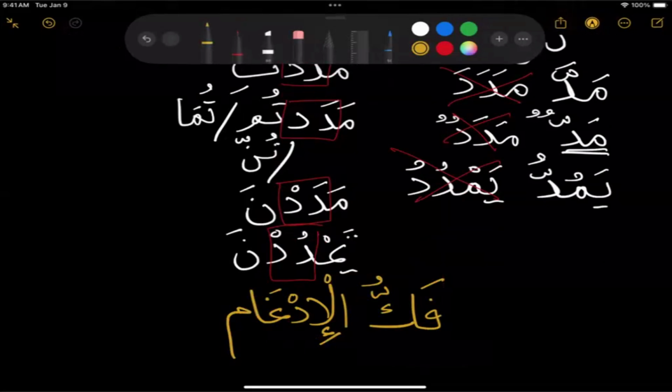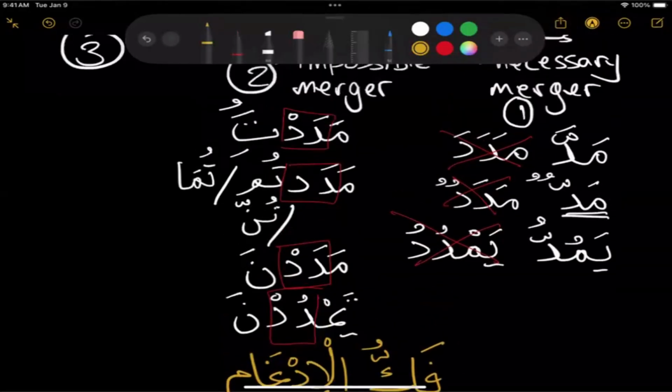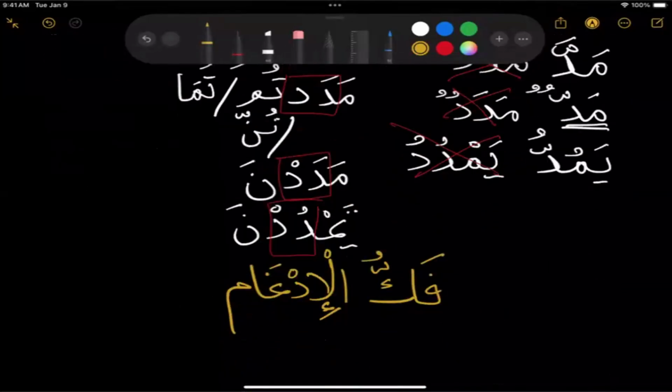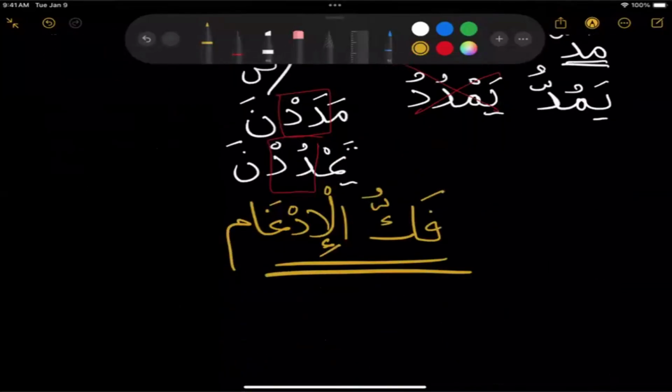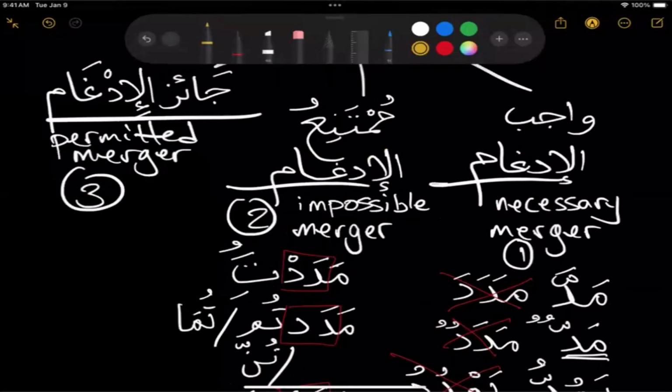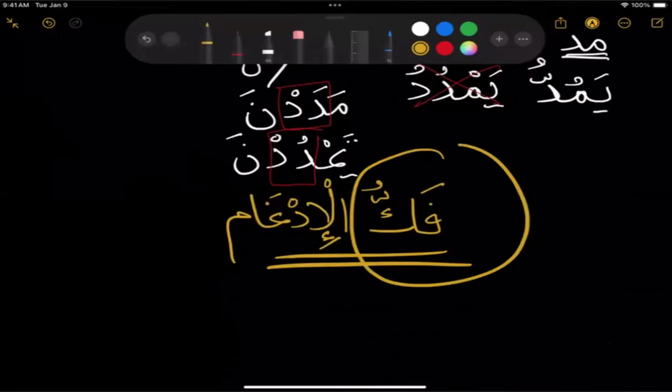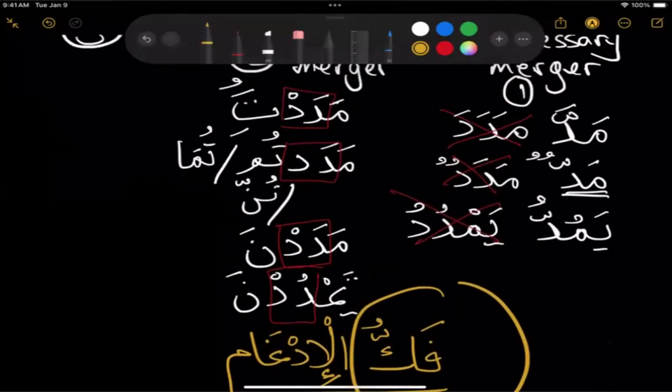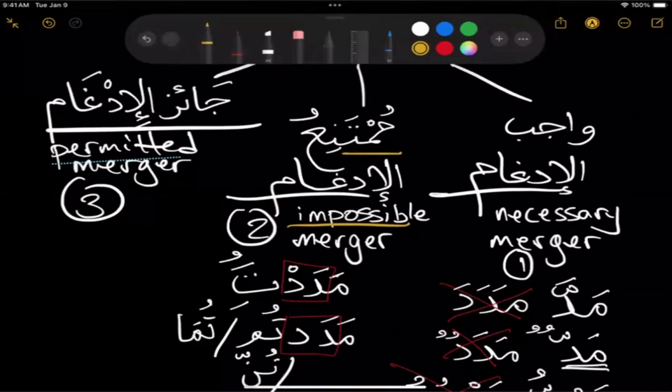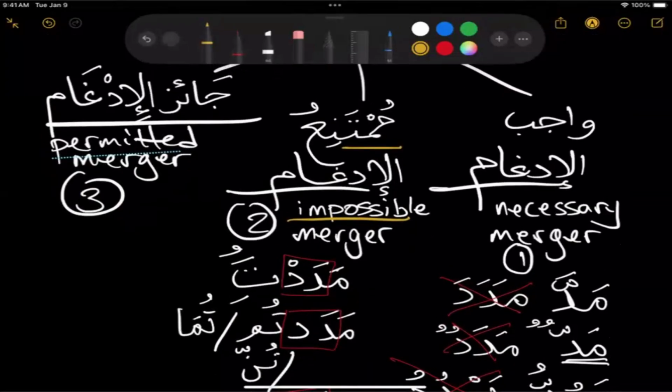Fakkul idgham, splitting the merger apart. So here, the fakkul idgham itself is wajib. If the idgham is mumtani', if the idgham is impossible, then the fak is wajib. Splitting it apart is necessary. And so now we are here when you can do it either way. Make the idgham or not.